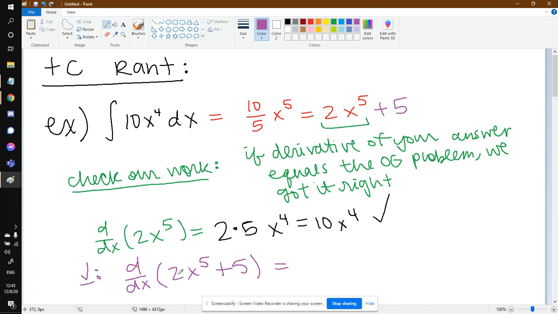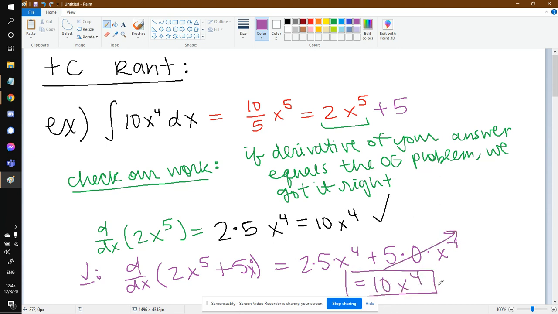Okay, well, for this one, you do 2 times 5 times x to the 4th. And for this one, you do 5 times 0 times x to the negative 1, because 5 is able to be written as 5x to the 0. And then I say that is 10x to the 4th. This goes away to 0, so it's nothing. And I just said my answer is right if it equals the OG problem, and it does.